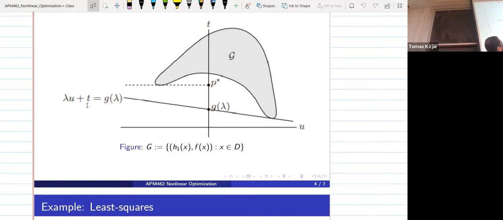But it was the same thing. So lambda is the slope of this, and we're taking maximum in lambda. This is the dual problem. Anyways, you take maximum of the slope, and as the slope increases, eventually you get this point, which is the minimizer.